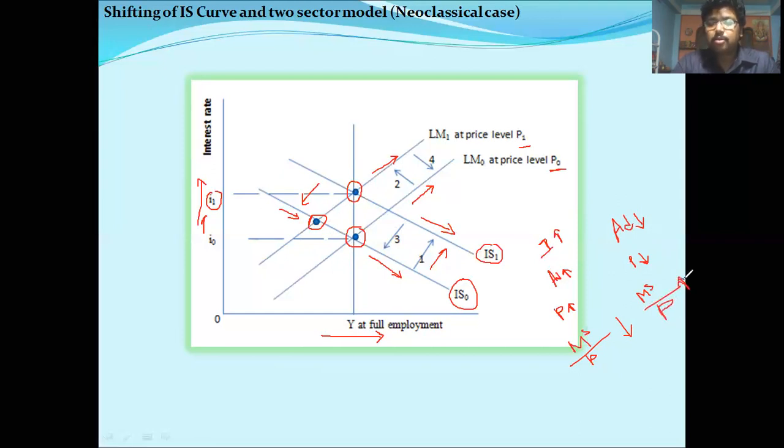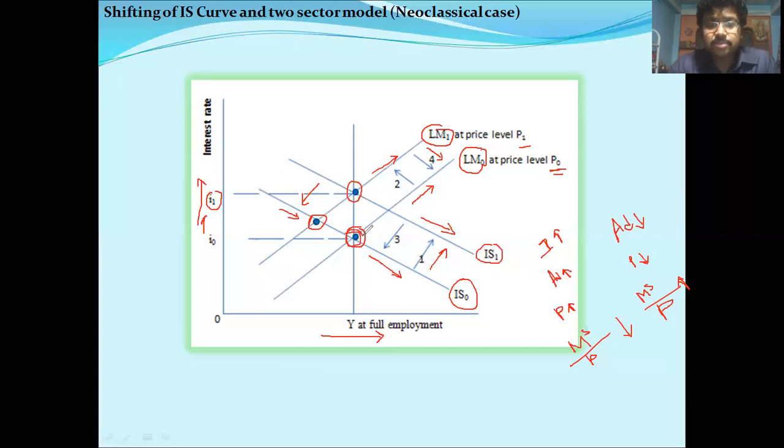So the LM curve will shift rightward from LM1 to LM0. Now the price level is P0. So we get the new equilibrium point. This is the equilibrium point.